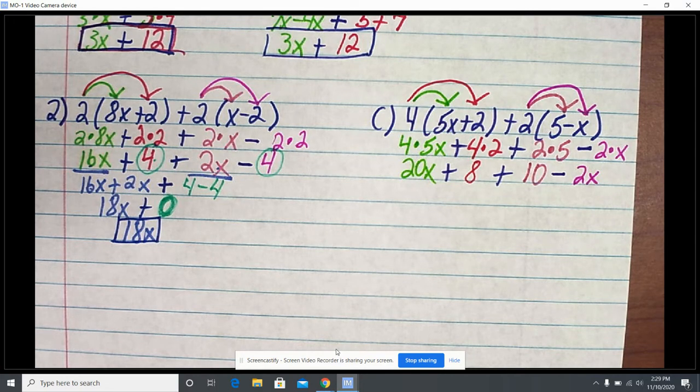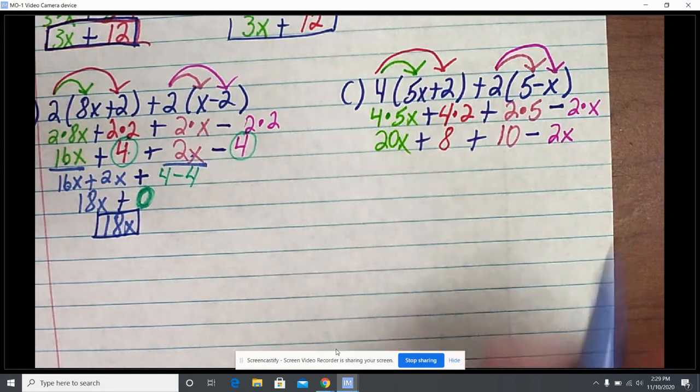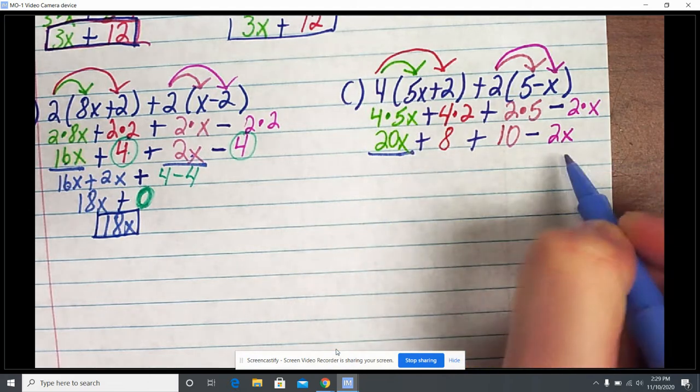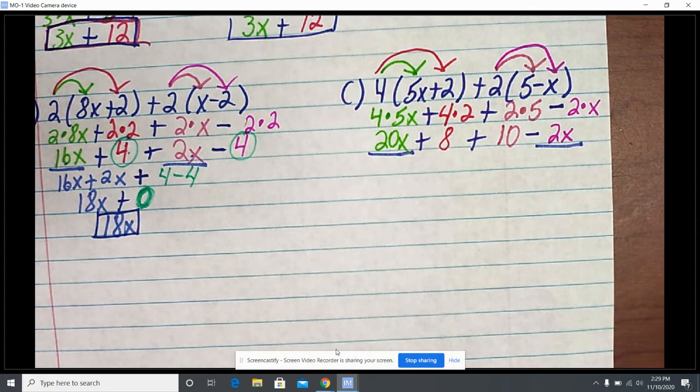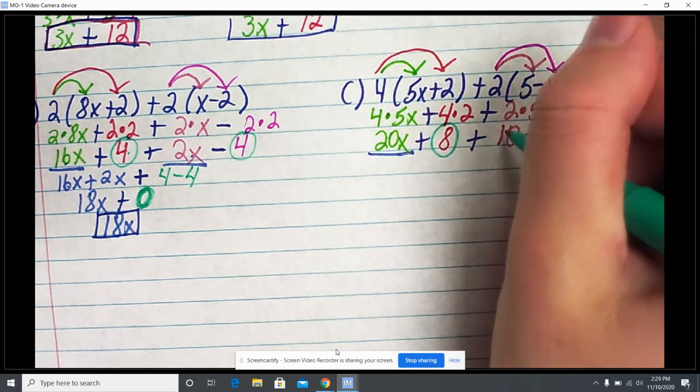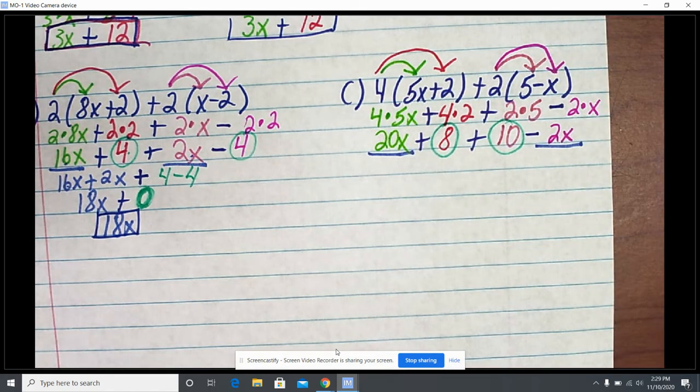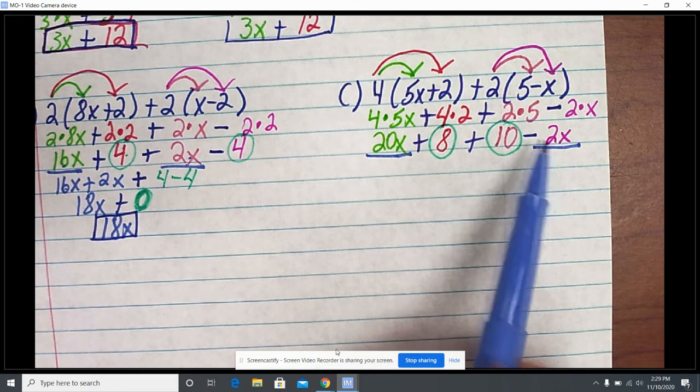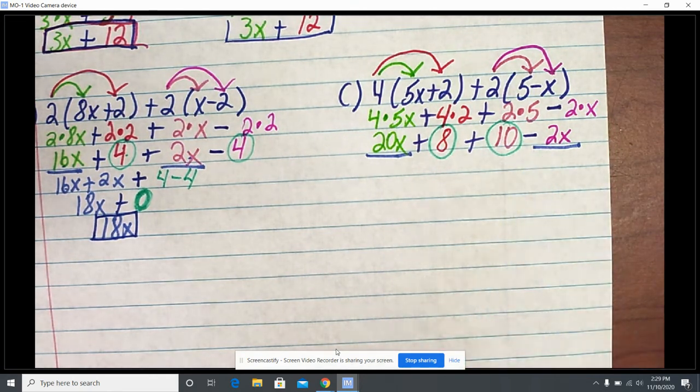Alright, now I'm going to underline my terms with x because now I've got to simplify, combine my like terms, and going to circle my constants. Alright, let's start with our underlined terms. Looking at my second underlined term over here, I've got a minus sign in front of that.